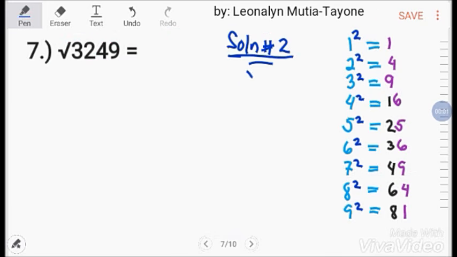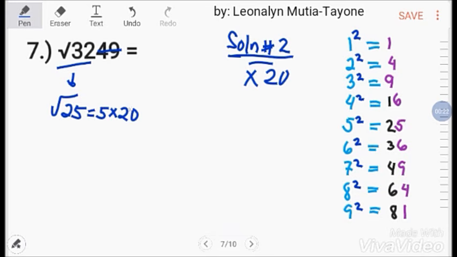Solution number 2. Doon tayo sa constant na mag-multiply tayo ng 20. Ignore mo yung last 2. Dito tayo sa 32. Ano mga perfect square pababa dito? 25. So, square root of 25 equals 5 times 20 equals 100. 32 minus 25 at ilan yan? That is 7. Tapos ibaba mo yung 49.